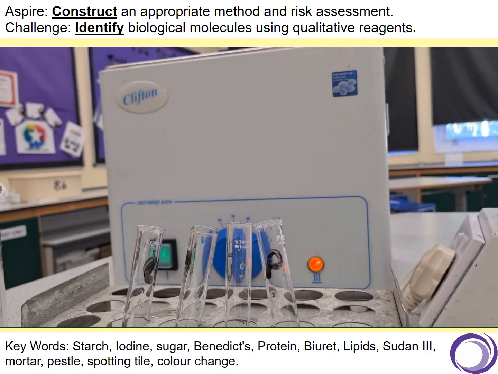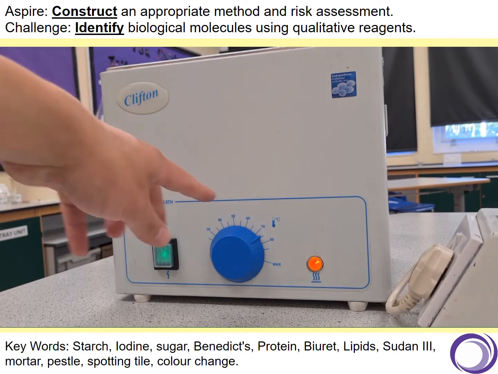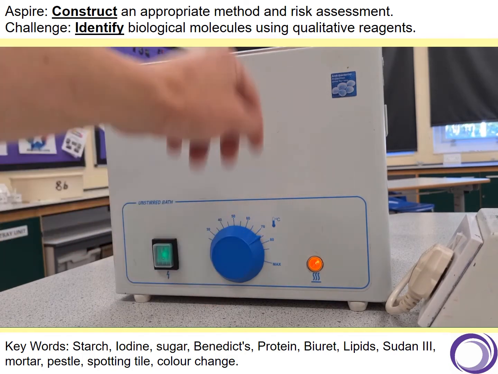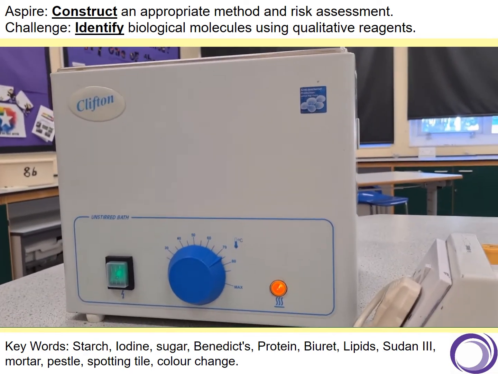This needs heating up. Okay, so there are 2 ways to do this, 2 ways that AQA would like you to know about. This is my hot water bath, this is my machine, which keeps things at a constant temperature. If you look at the required practical about enzymes, we used this piece of equipment before. This dial here heats up the water which is inside to the required temperature. So it's like an oven.